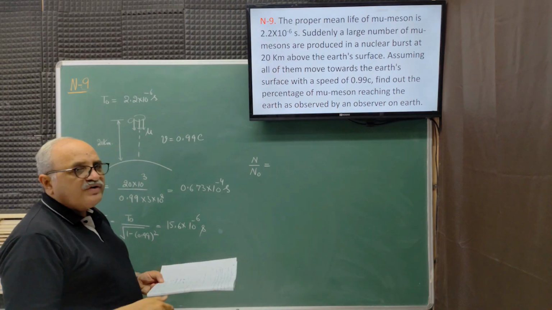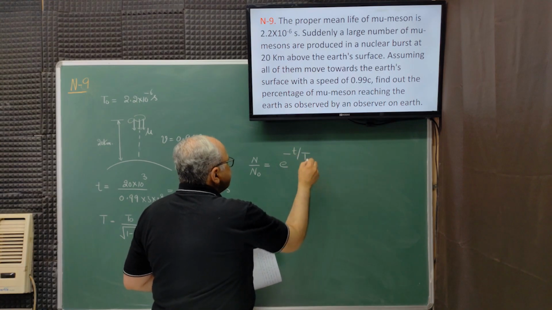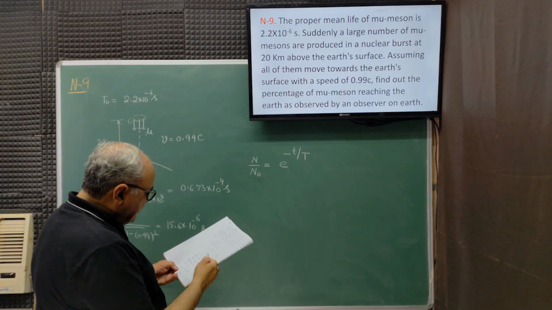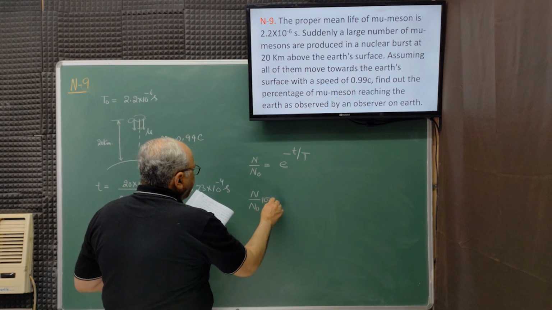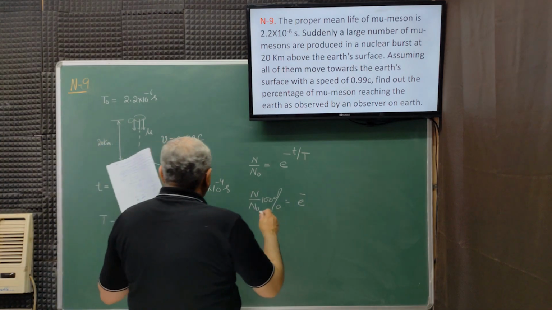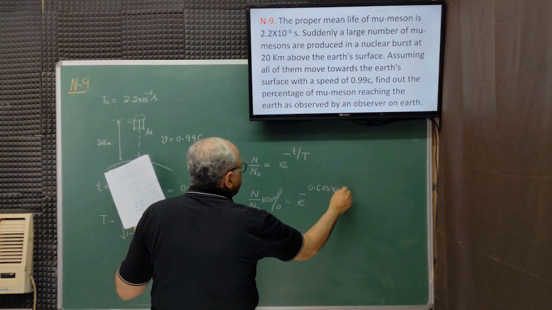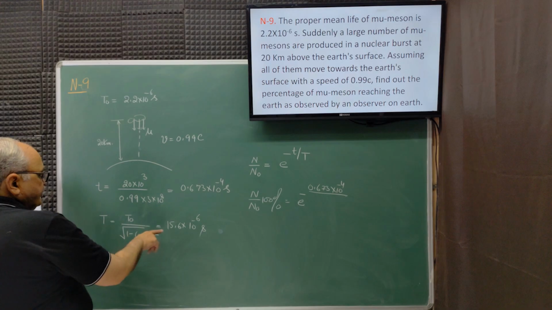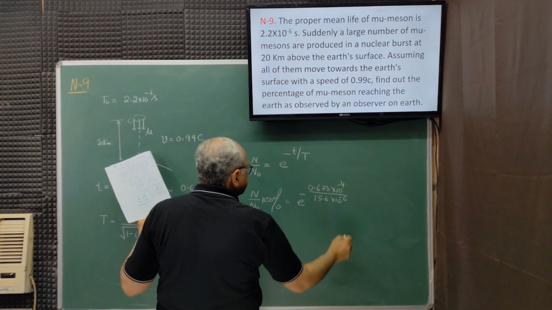Let's first find out what fraction reaches here. Taking it percentage-wise, this equals n by n0 multiplied by 100, that is e to the power minus t, which we have calculated, 0.673 into 10 to the power minus 4, divided by the relativistic time, that is 15.6 into 10 to the power minus 6.